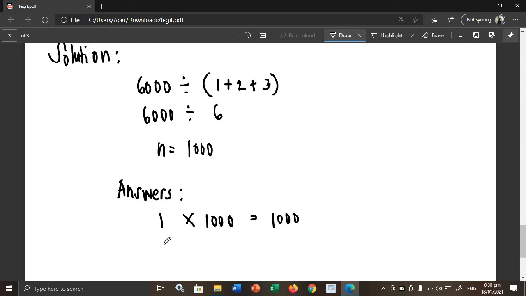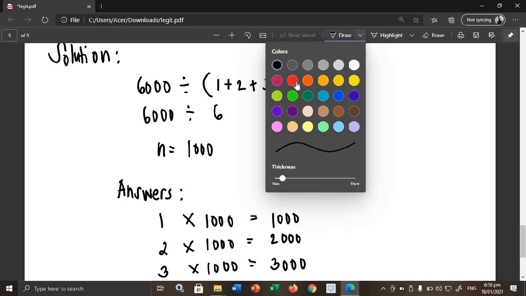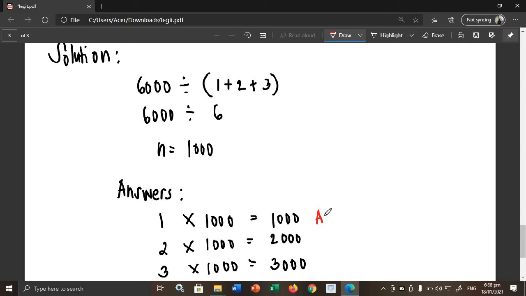Pangalawa, yung ratio mo is 2. And then yung pangatlo ay 3. So, 2 times 1,000, that will be equal to 2,000. 3 times 1,000, that will be equal to 3,000. So, yun ang mga answer mo. This is answer number 1, answer number 2, and answer number 3.